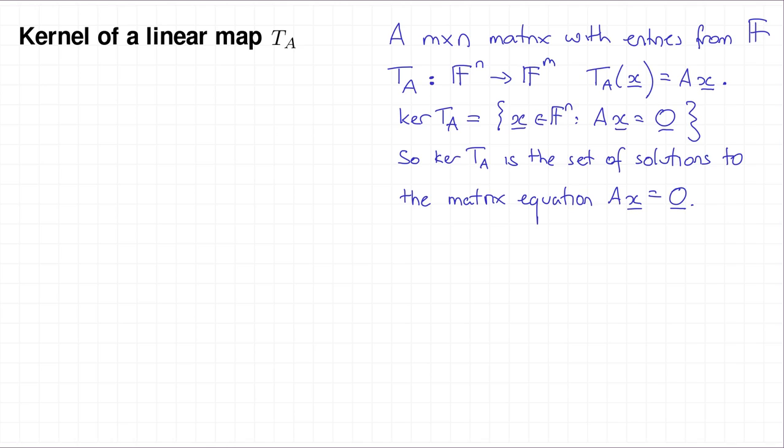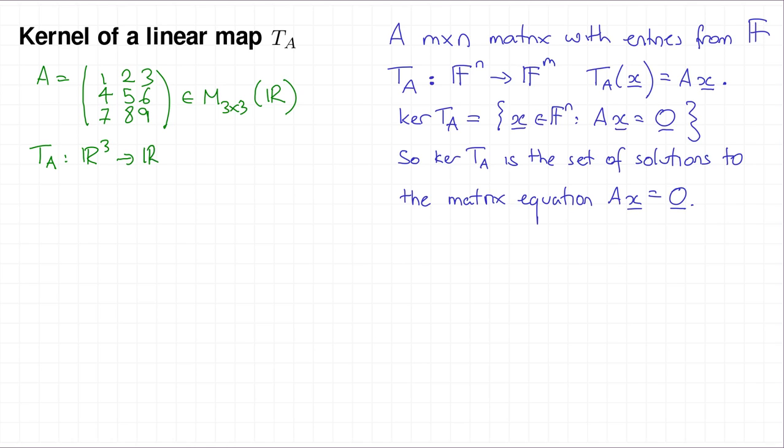We will take A to be the matrix 1, 2, 3, 4, 5, 6, 7, 8, 9. I will think of that as a matrix whose entries are real numbers. We're going to try and find the kernel of the linear map T_A from R cubed to R cubed.